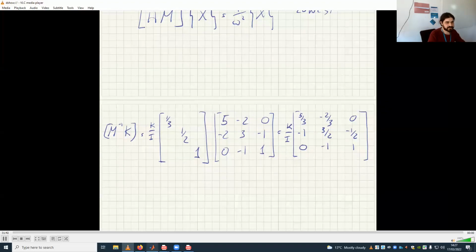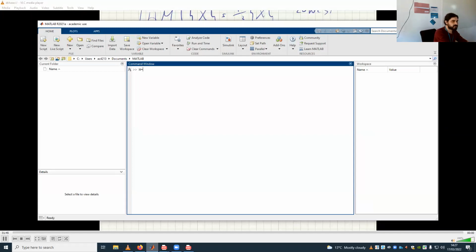Let me check with MATLAB if this is correct. I will not be using K and I because they are just variables. So the mass matrix is diag of 3, 2, 1. The stiffness matrix is 5, minus 2, 0, minus 2, 3, minus 1, and 0, minus 1, 1.